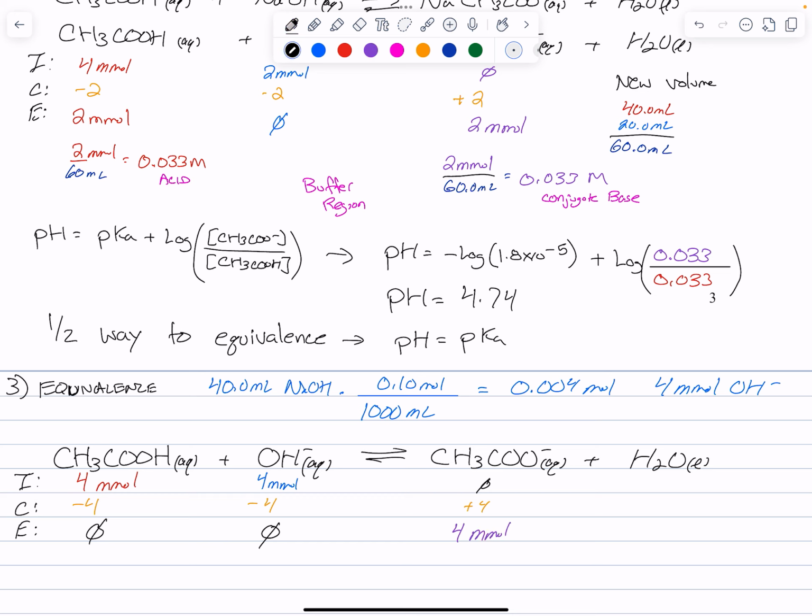We have a new volume. We started with our 40 milliliters of acetic acid, and we added 40 milliliters of base. So our new volume is 80 milliliters.